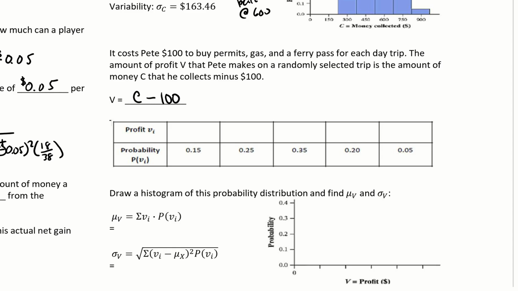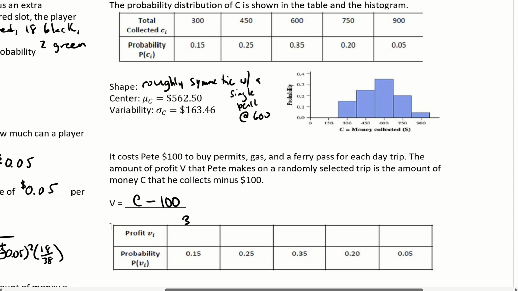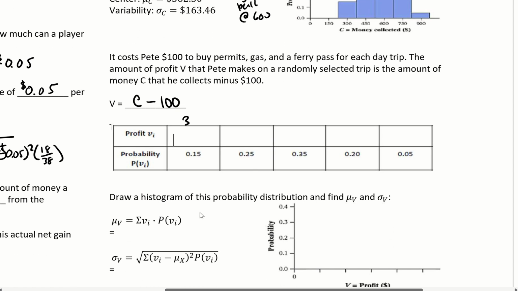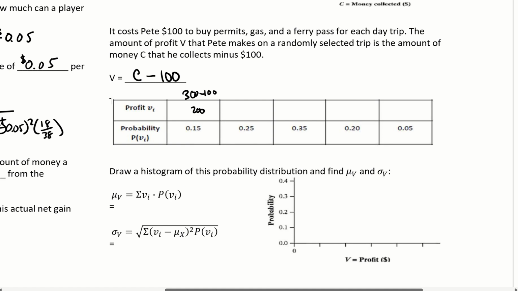Now we're looking at a new random variable, V. So we're just going to adjust this. Remember that here he made $300, so 300 minus 100 is going to be the profit V. Here it was 450 minus 100, and so on, but I'm not going to show all of these.